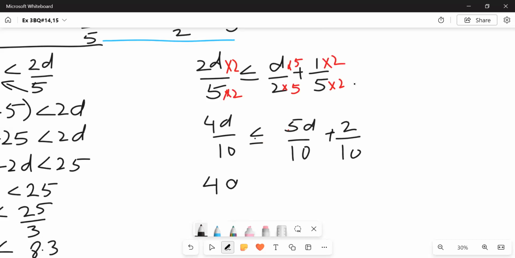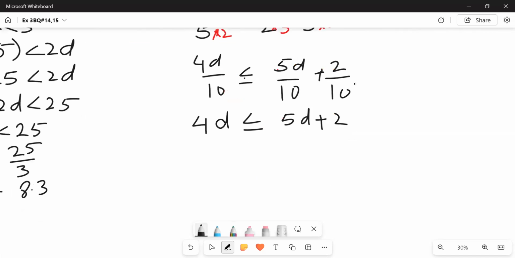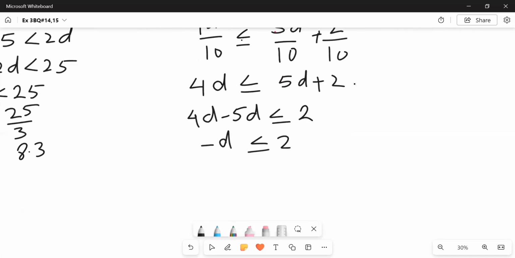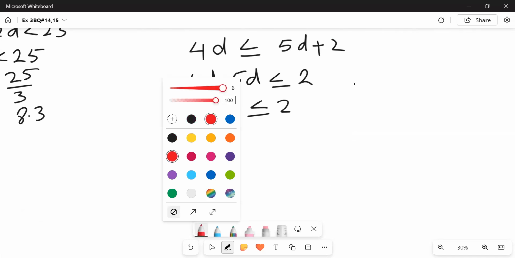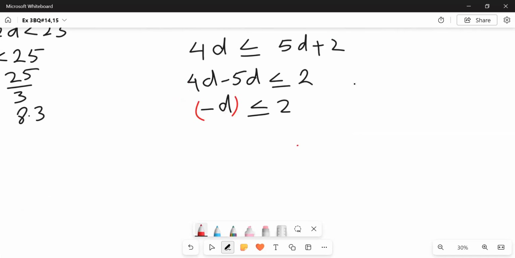Now we can write it without denominator because both sides have the same denominator, so we can cancel it out. Now it is 4D minus 5D lesser than or equal to 2. It will be minus D. Now we have to eliminate this minus sign from D by multiplying with minus 1. So D lesser than or equal to minus 2.